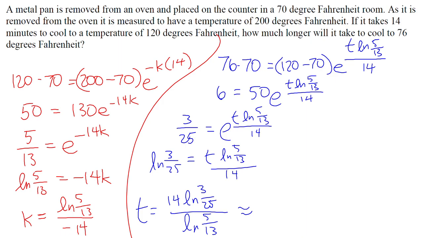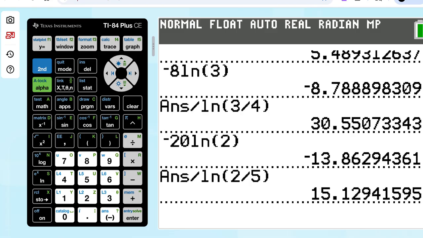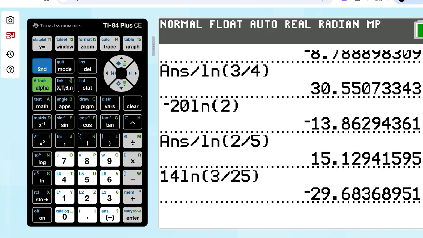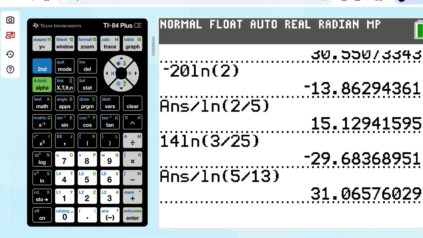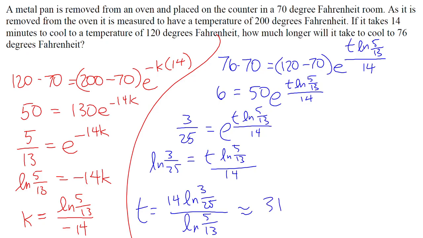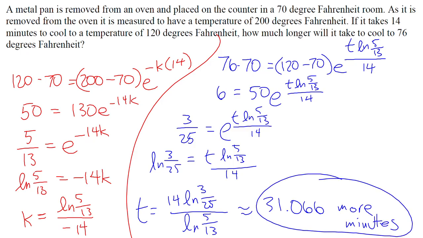And we'll go into our calculator and figure out what that is. 14 ln of 3/25, and we'll divide by the natural log of 5/13. And we get 31.066 more minutes. And that's our final answer for that one.